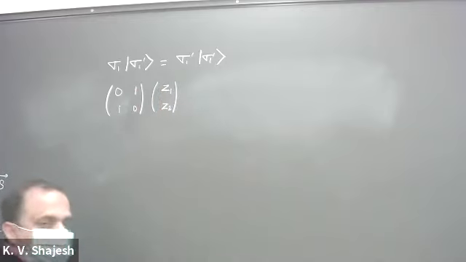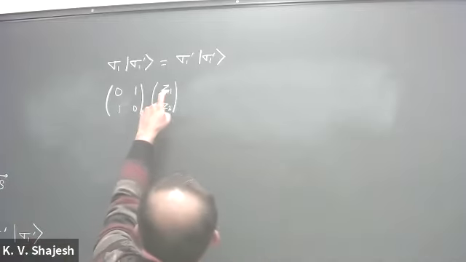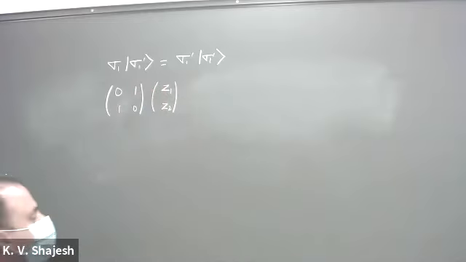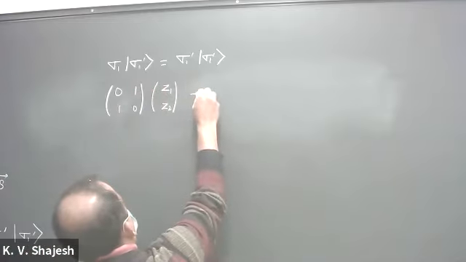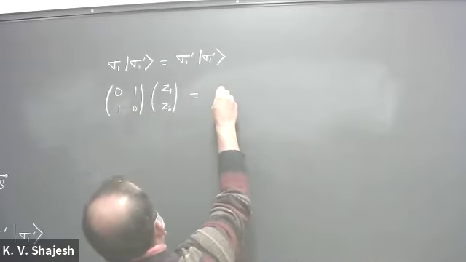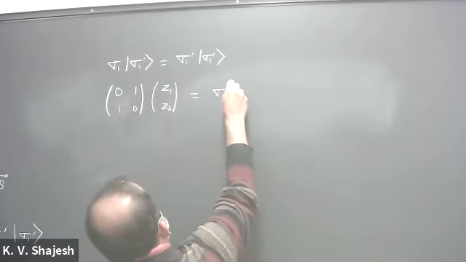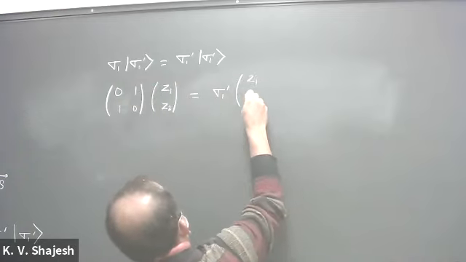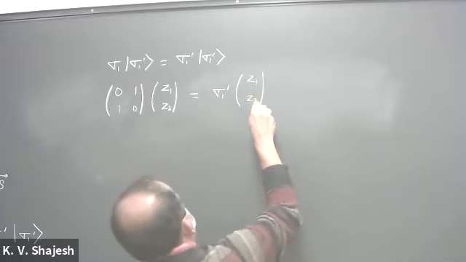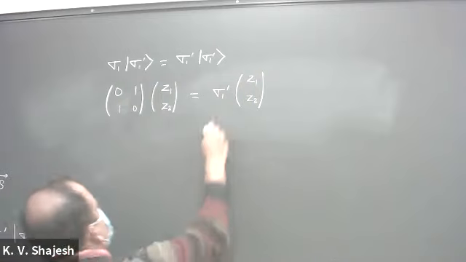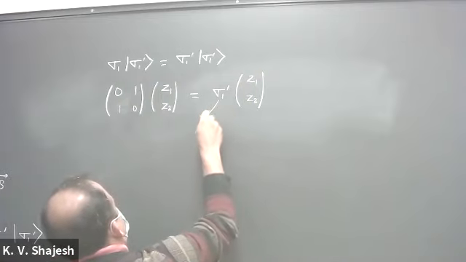Notice this could be complex numbers, right? Z1 and Z2 could be complex numbers, but I'm looking for very special vectors out of all possible vectors of this kind. I'm looking for those vectors which, when operated on by this, give me a pure number times Z1 and Z2. This is a complex number.